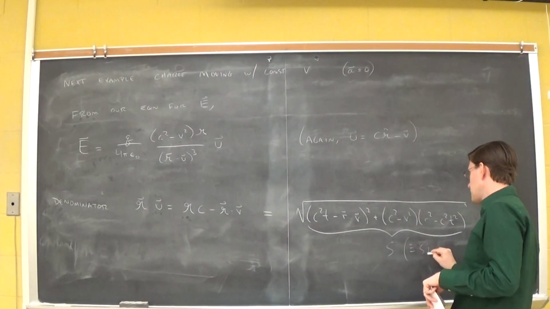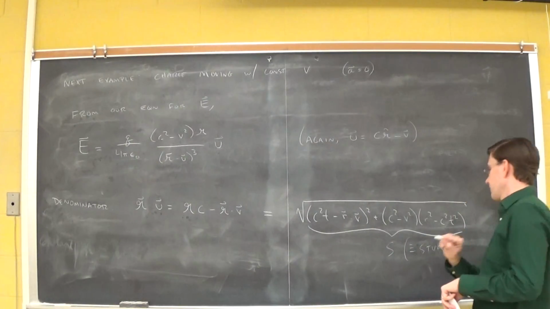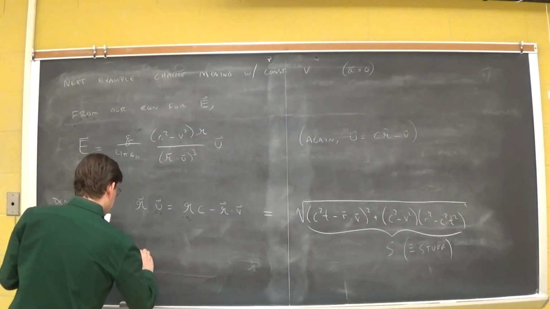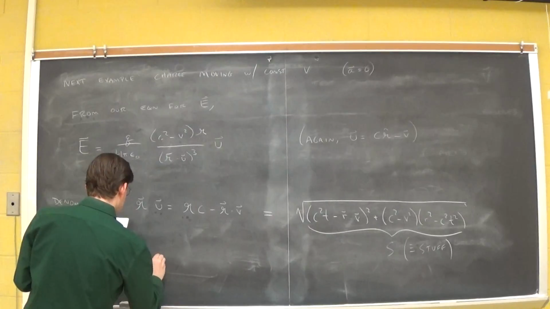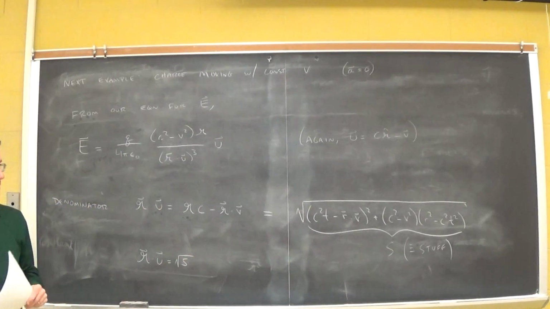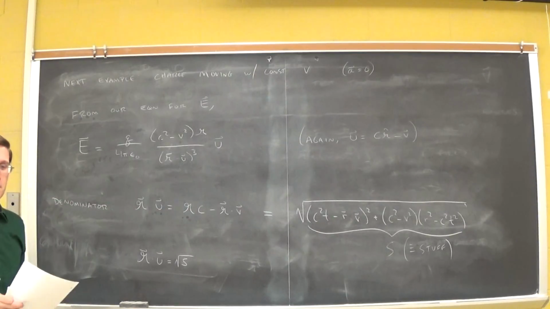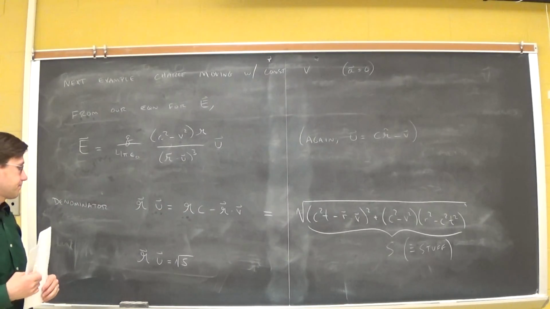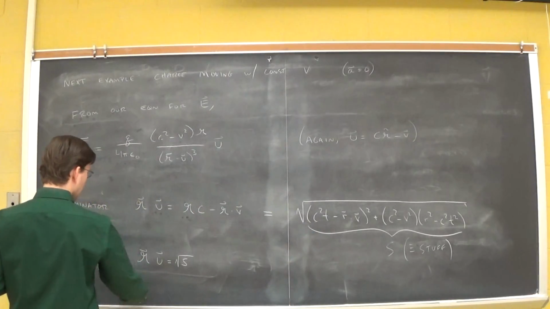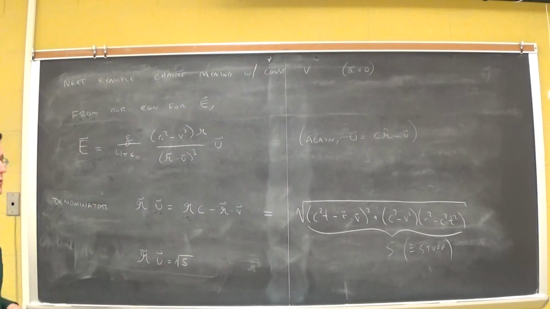And we're calling it S for stuff. And so really what this means is that for now, curly R dot U is equal to square root of S, because I don't want to write that over and over again, and I doubt you want to write it over and over again. Okay. So with this definition of S, we'll come back to it, but we just have that R dot U is equal to square root of S.